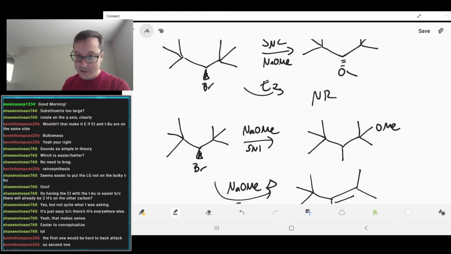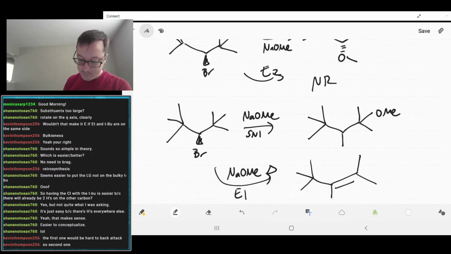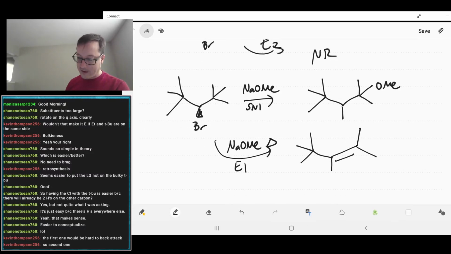No possibility of E2 reaction here because we have no beta hydrogens. If we undergo a unimolecular process, we will migrate our carbocation by moving a methyl group over, and then we will either substitute or eliminate. So lots of different things to happen here.